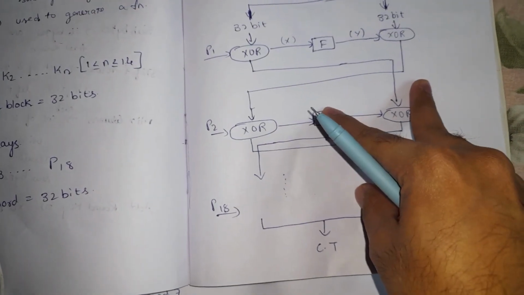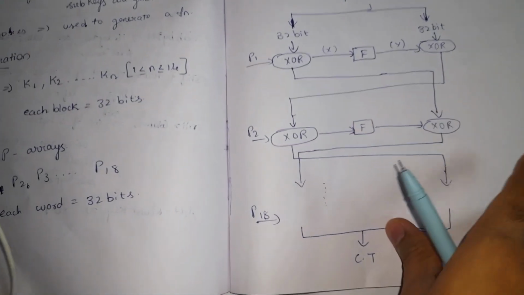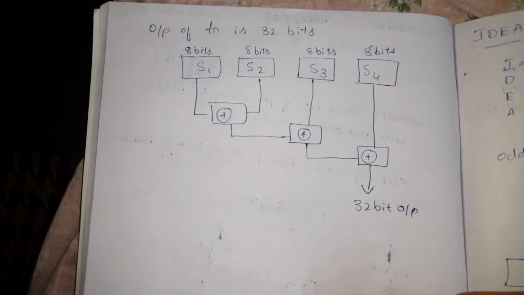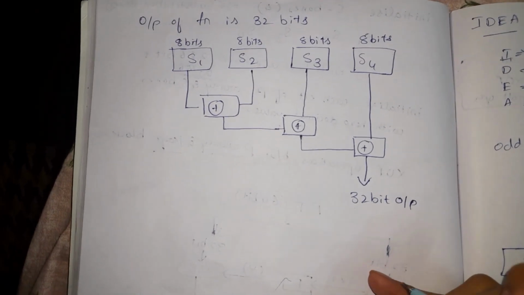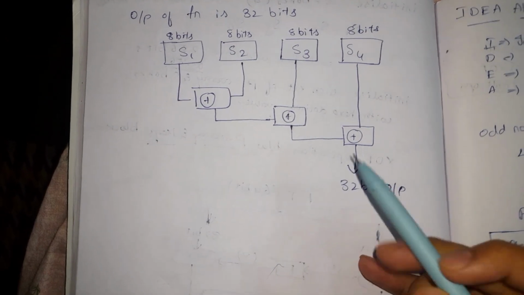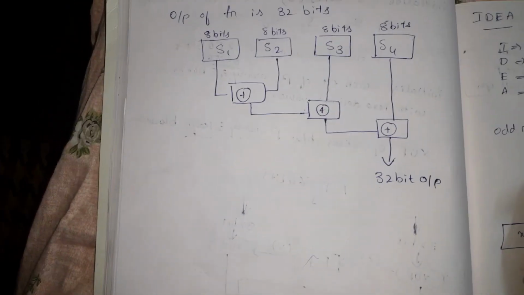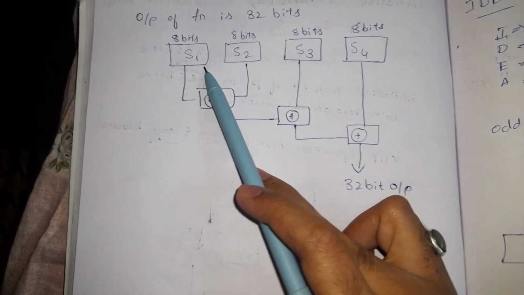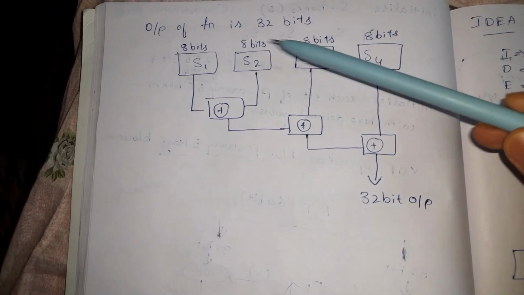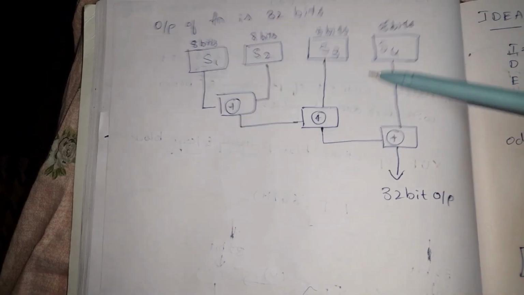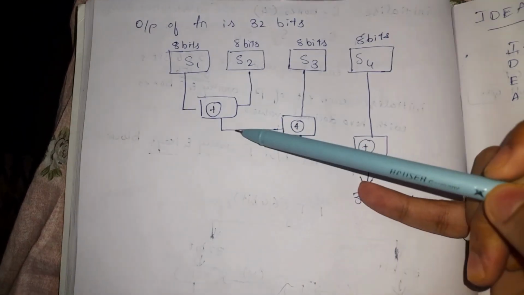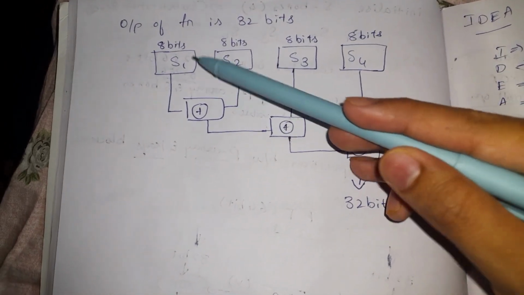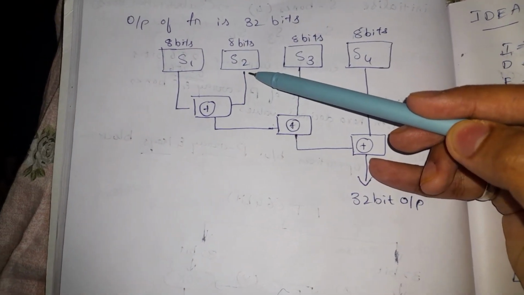Now I will explain how this function generates the output. This function makes use of our S boxes, the substitution boxes. The output of the function is 32 bits. The 32 bits are split into four blocks. The first step is to perform an operation between S1 and S2.